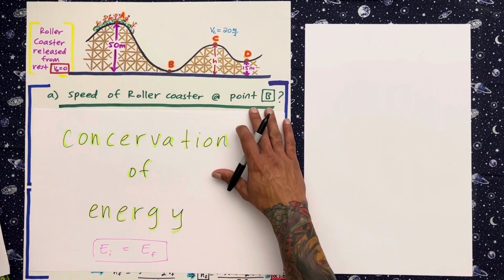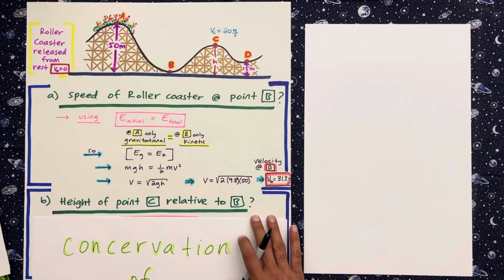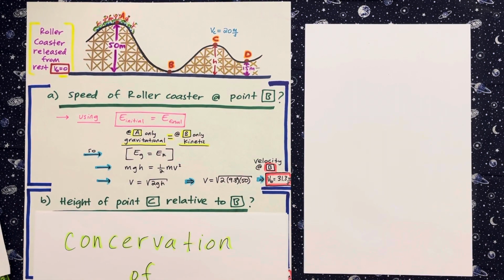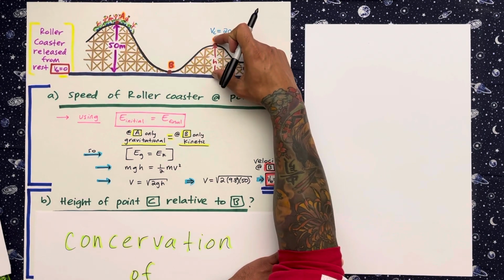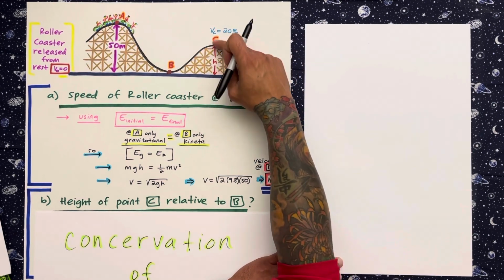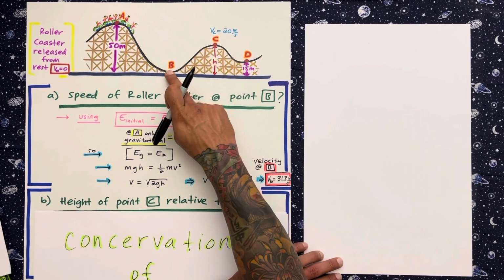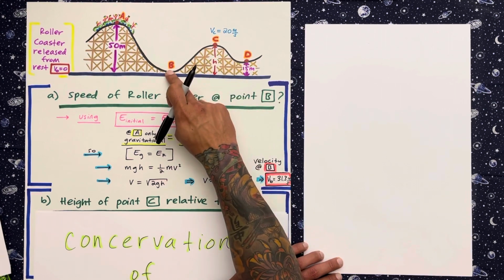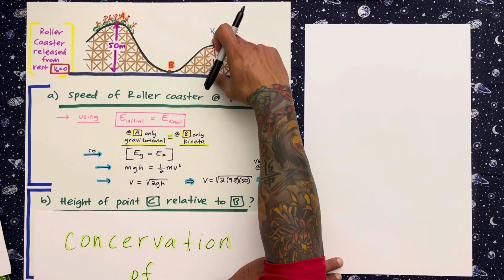So moving on, now let's do part B. Okay, we have height of point C relative to B. So height of point C, which is this H right here, relative to B. So we're looking for a direct comparison back to B, which was on the ground, and C, which is up here.